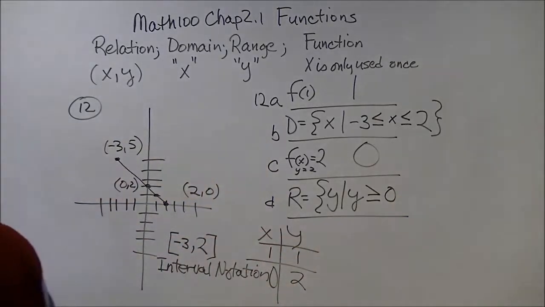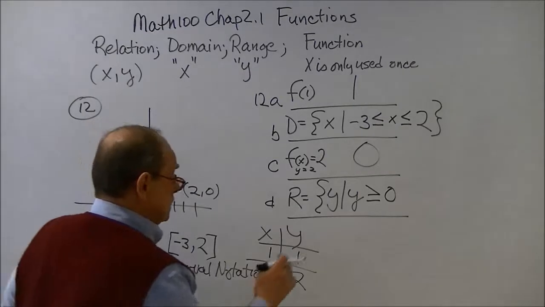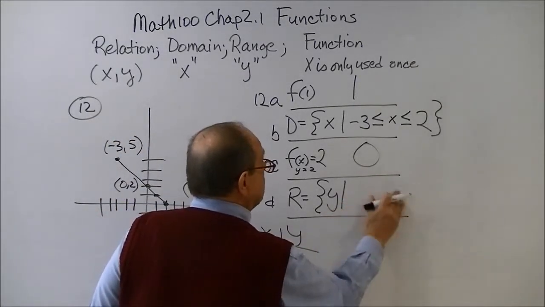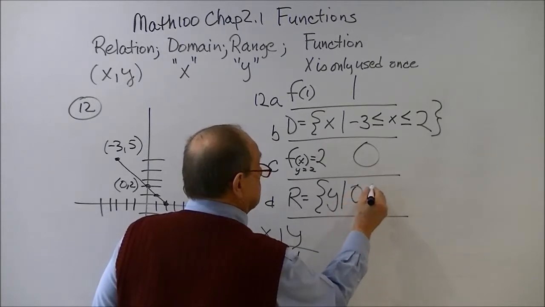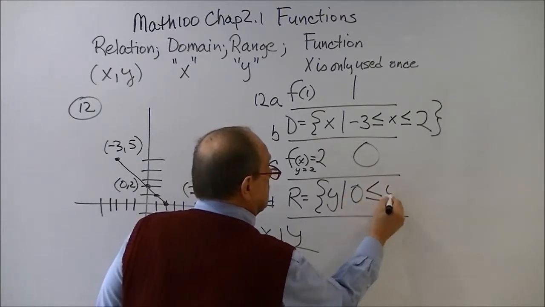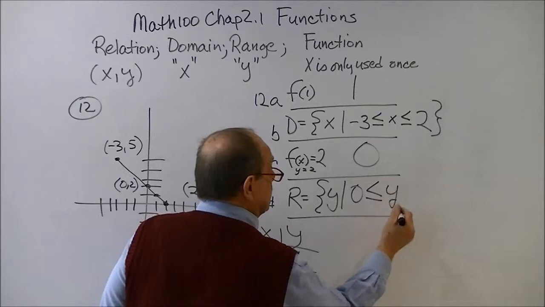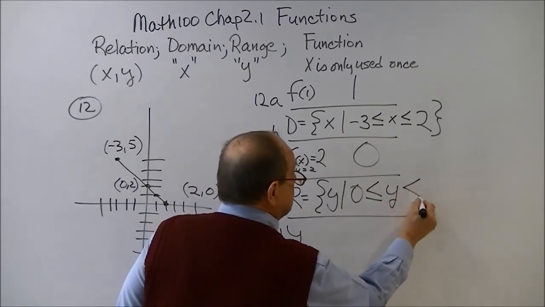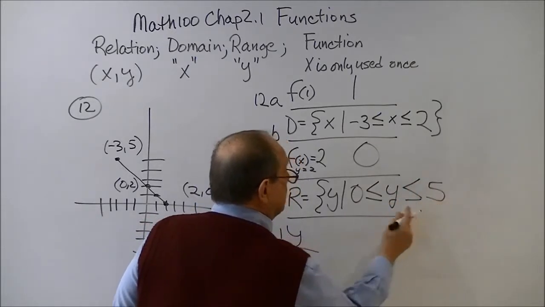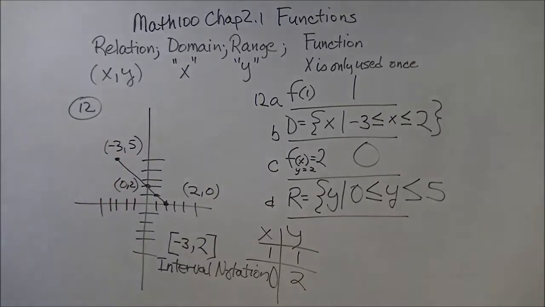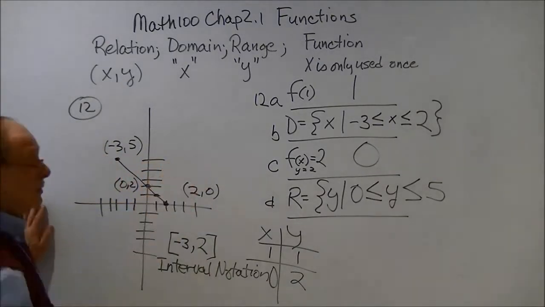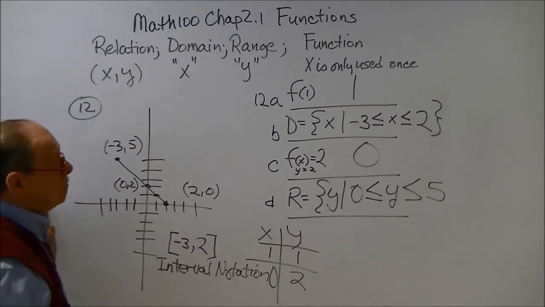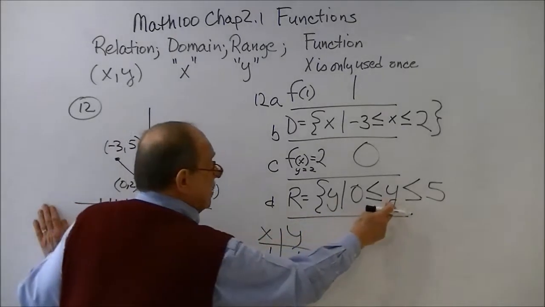Let's see how to write that there. Oh, I should write it a different way here. So it would start at 0. So y is sort of in the middle here. And then it goes up to or equal to 5. Yeah, that's the way I should have written it. Now, if it had gone up to infinity, then we'd use that other method. So where is y?